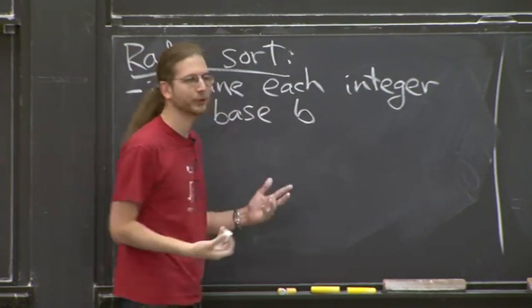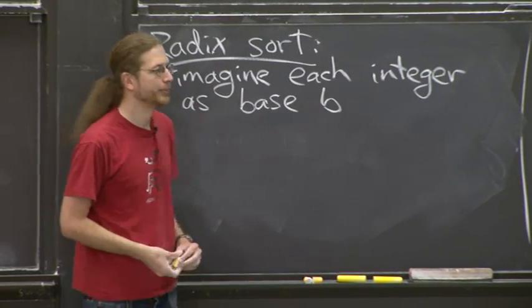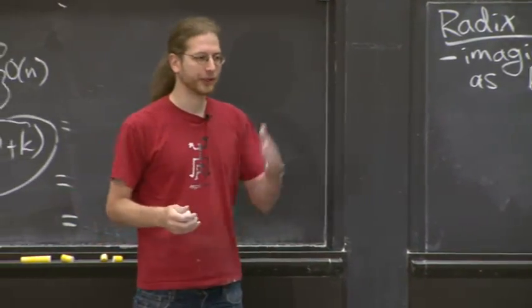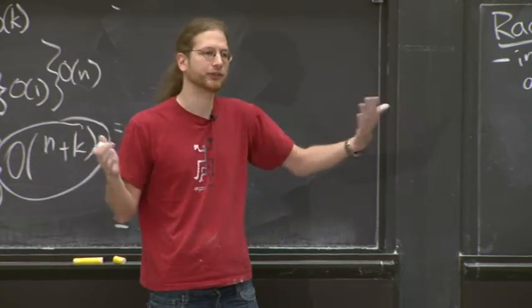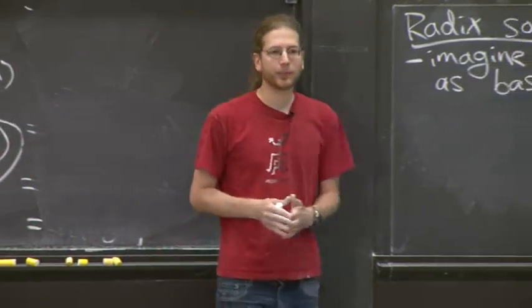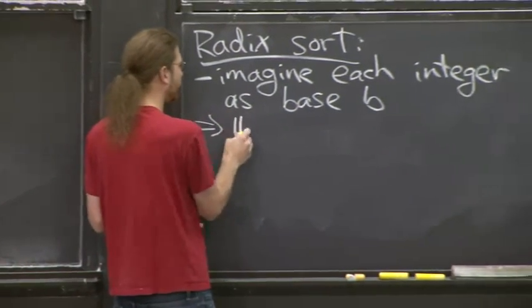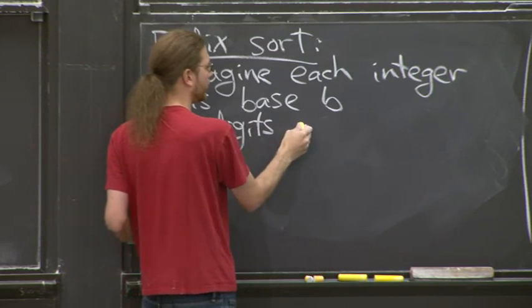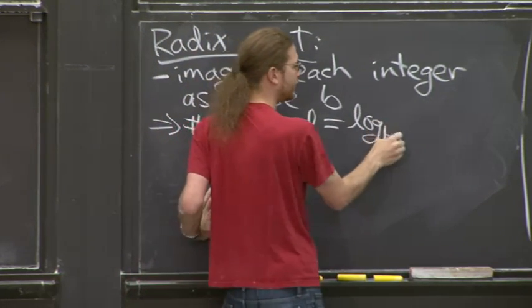Well, the way we normally write down numbers, except not necessarily in decimal, in some arbitrary base b. So when I say integer in base b, well, then there's the least significant digit, and then the next one, and the next one, and the next one, some sequence of digits. And if I know that the maximum value is k, I know that the number of digits, which I'm going to call d for each number, is just log base b of k.